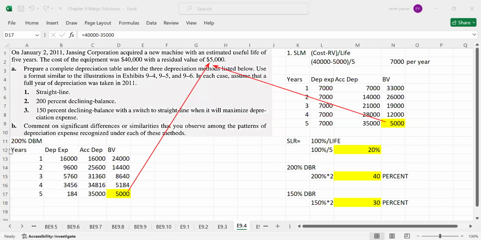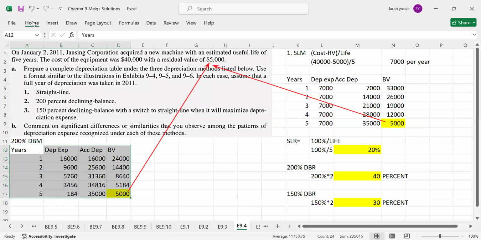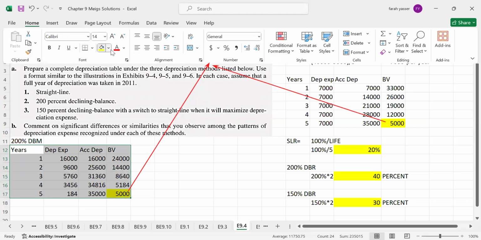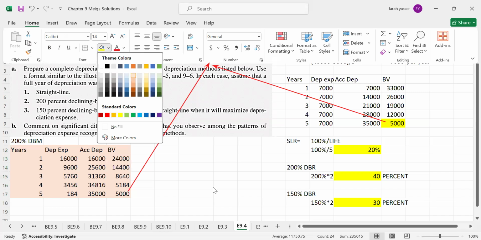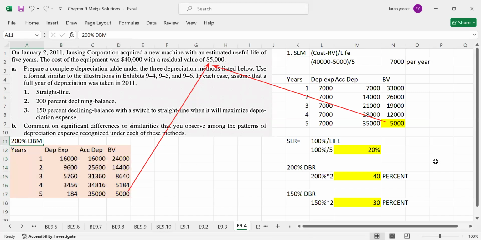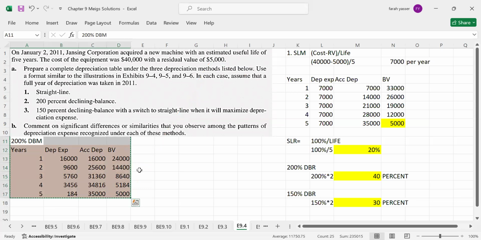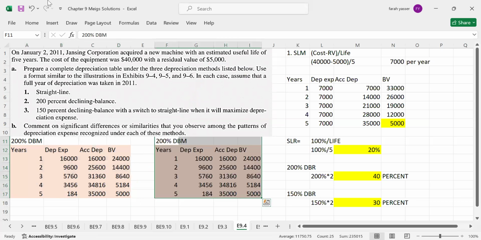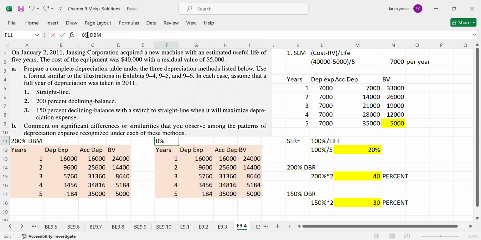So this was the 200% declining balance method. Now we are completing the 150% declining balance method. Instead of 200%, we are doing it by 150% of declining balance.